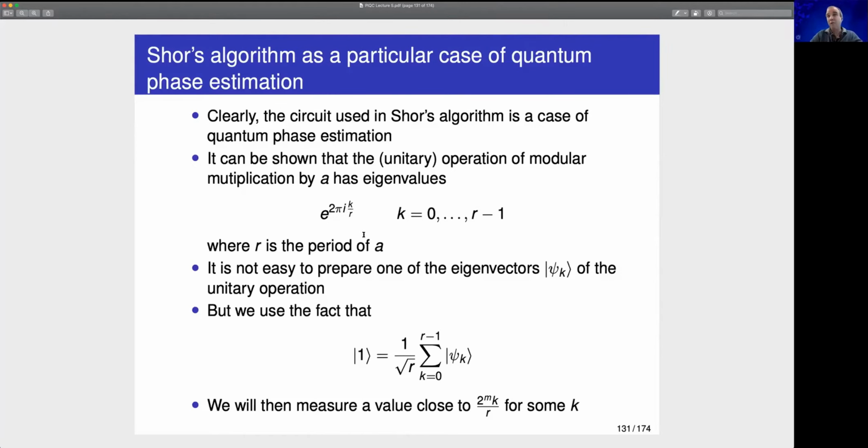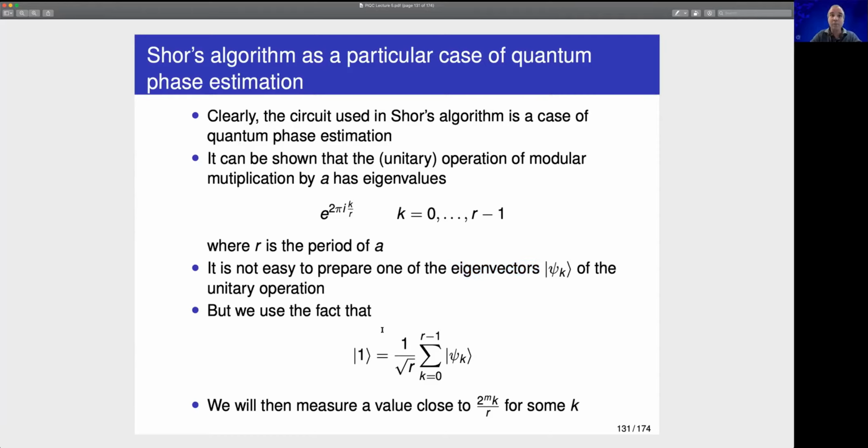For that, of course, if we apply the quantum phase estimation algorithm as we have explained, we would need at least to know one of these eigenvectors of the operation. And this is something that is in general not easy to do, because these eigenvectors depend on r, and r is what we are trying to find.